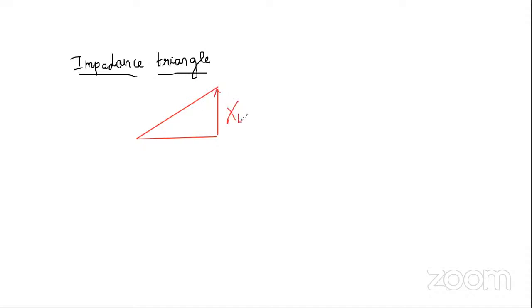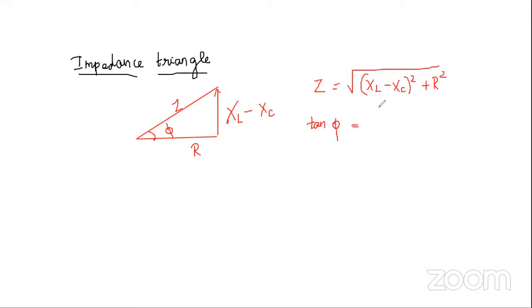So this is XL minus XC, this is phi, this is Z, and along the base it is R. From this right angle triangle you can have these equations: Z equal to root of XL minus XC the whole square plus R square. So that is one equation, and tan phi is equal to XL minus XC divided by R is another equation.